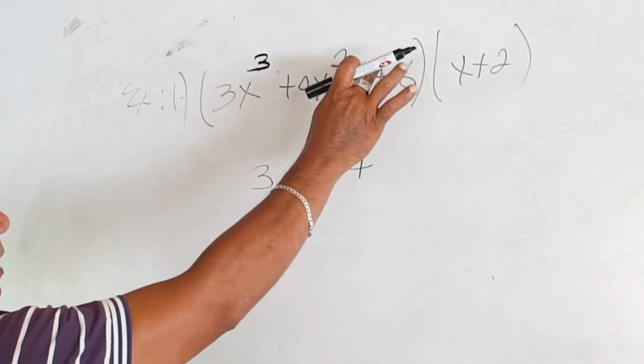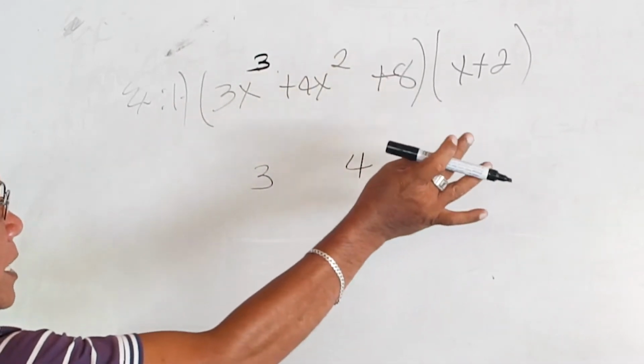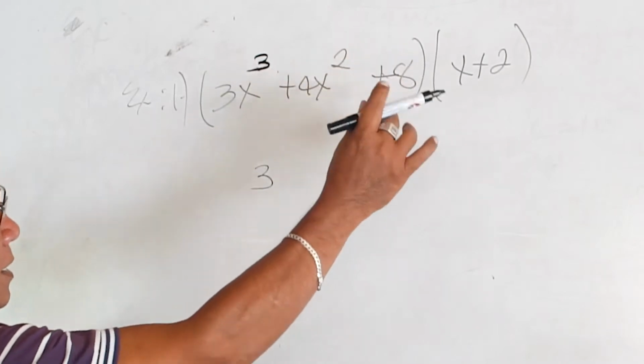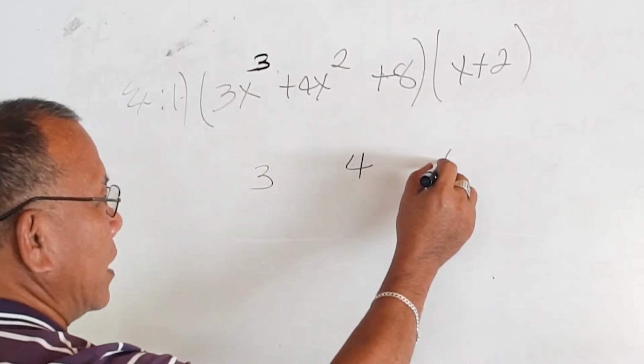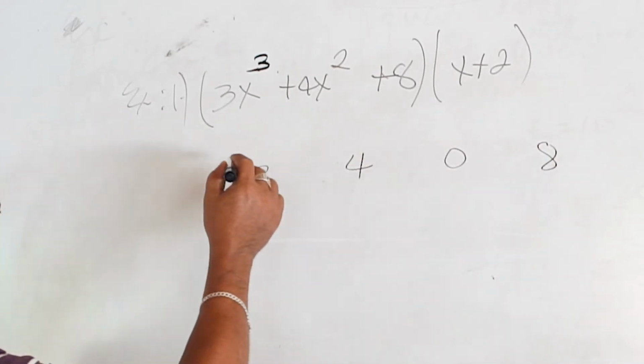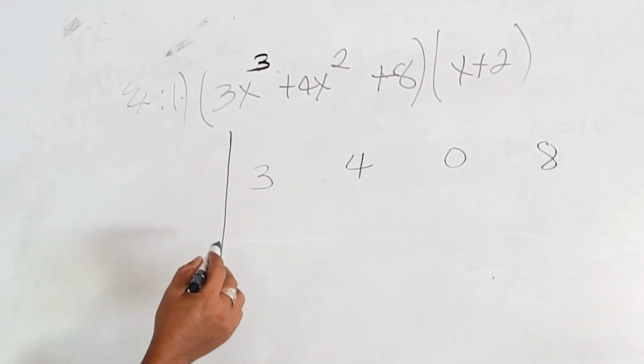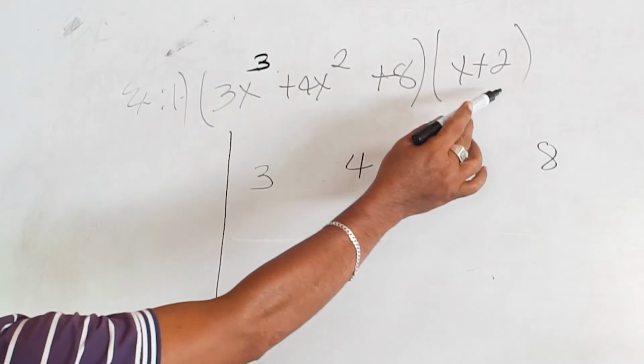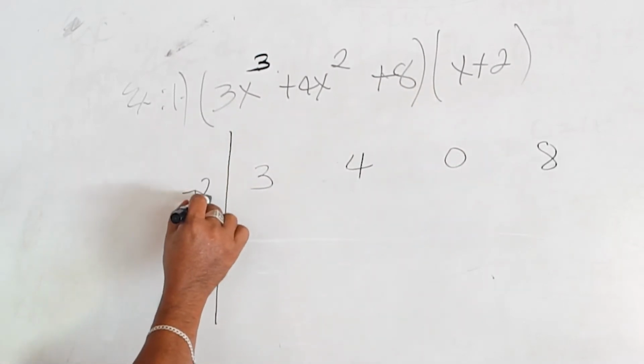Next, the exponent is 1, so the coefficient is 0, and the last term is 8. Then positive 2 changes to negative 2.